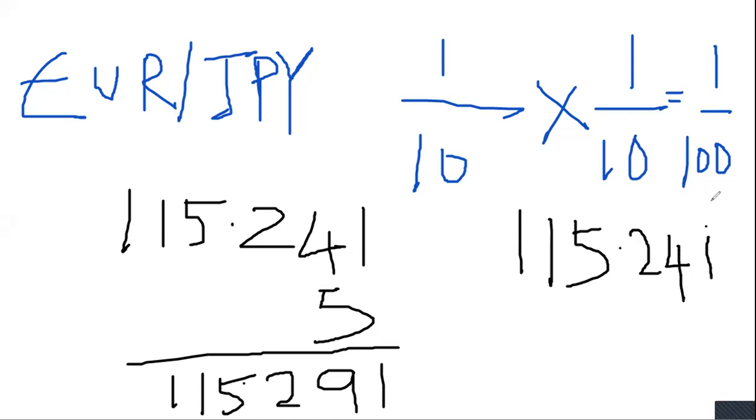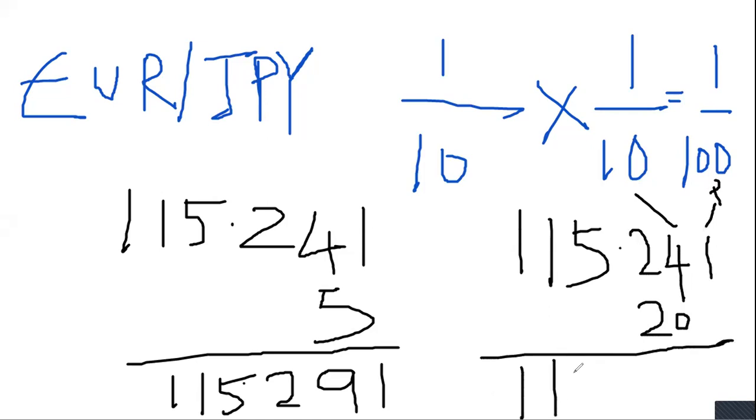Remember, this last digit is a pipette, while this one is the pip. But I'm adding 20 pips to this, so that'll be what? 115.441. So that's that about pips.